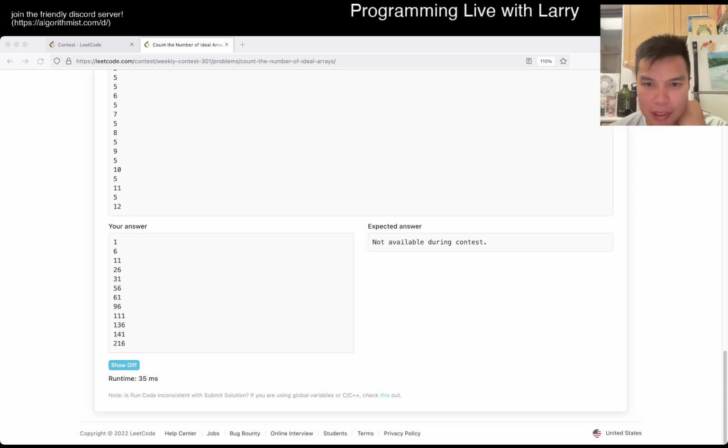Apparently there's a formula for this, but I don't even know. I checked OEIS just for fun. Number of ordered factorizations of n? What does that mean?